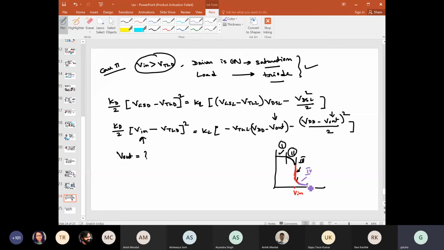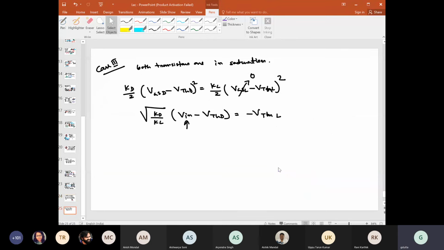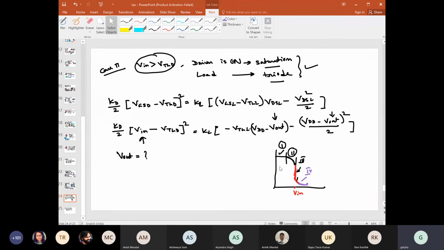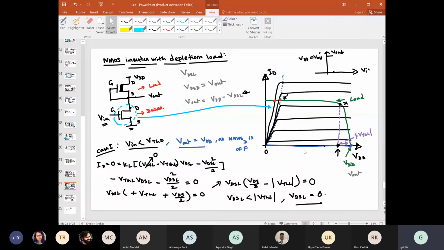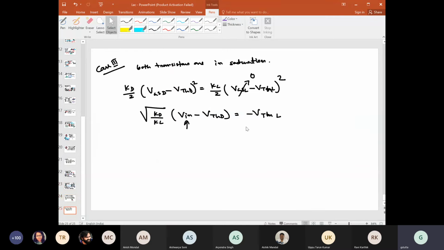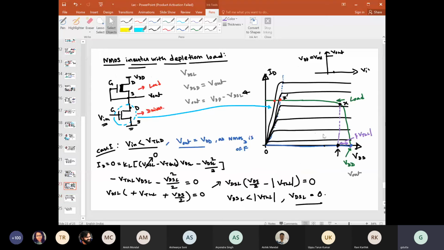Right, case 4. Okay. Now, after that, what will happen? If you keep on increasing this V in, then see what is happening to V output.